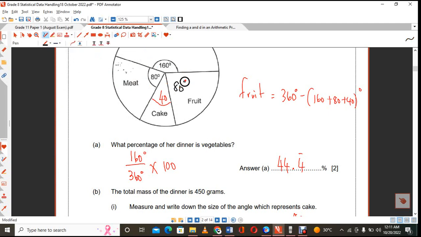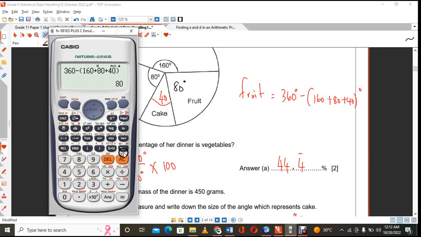This angle is 80 degrees. This one we measured, so this one you use a protractor to do. Of course, you can also say 360 minus 160 minus 80 minus 40. You are still going to get the same answer.